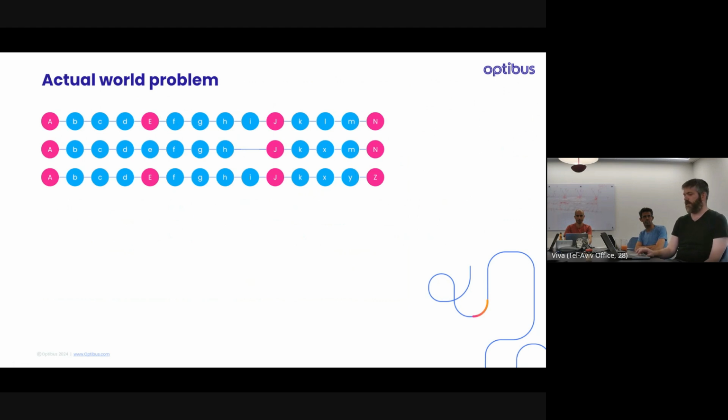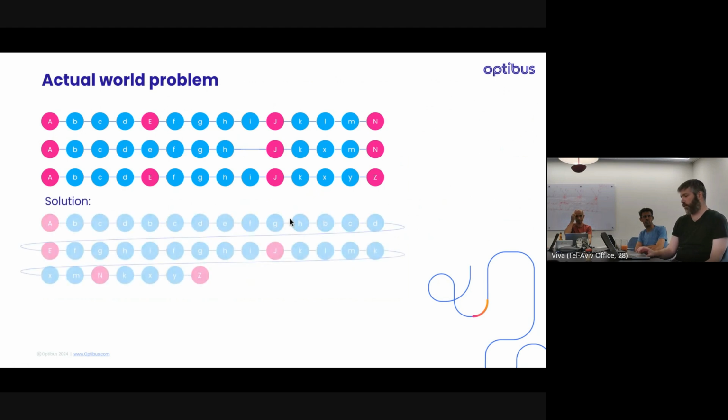Let's say we have these 3 routes. What will be our solution, as we said before?